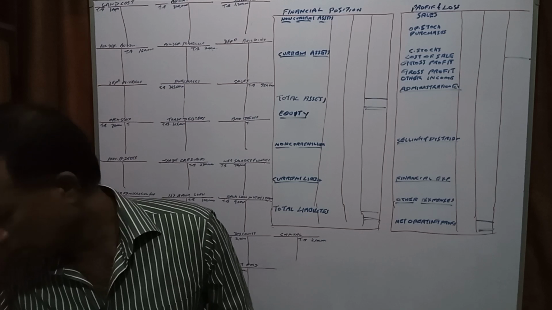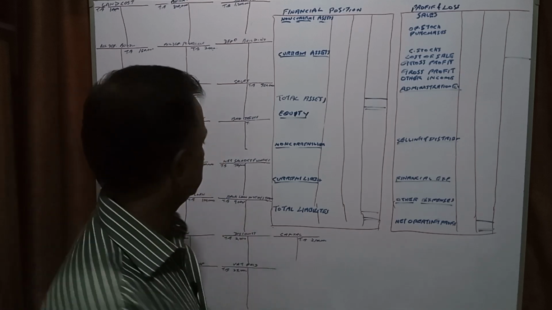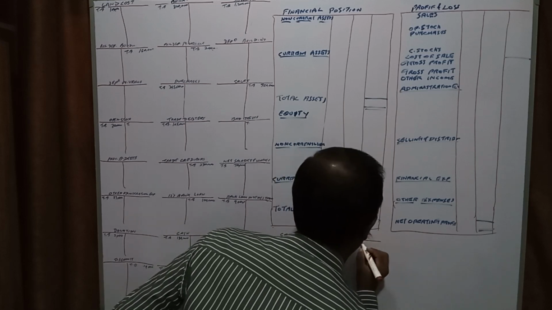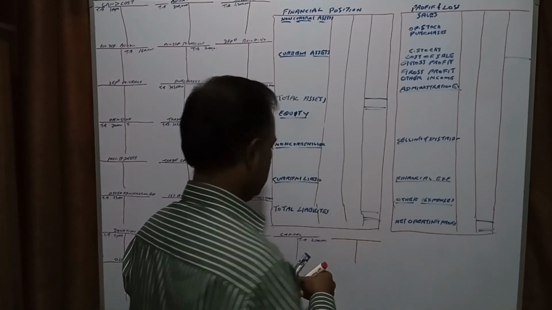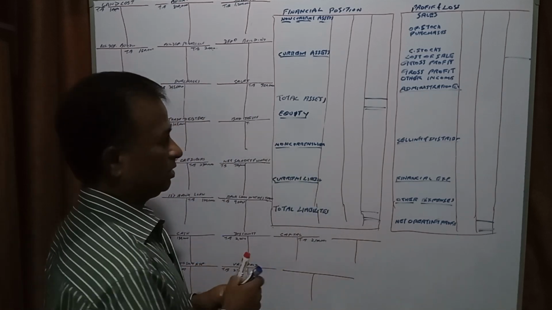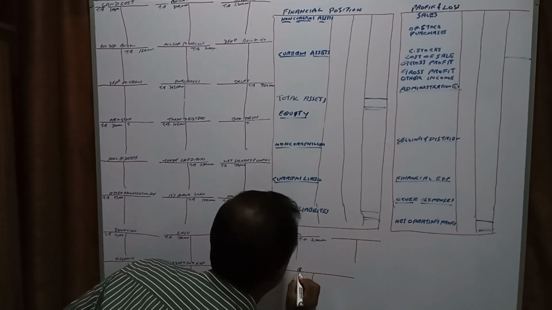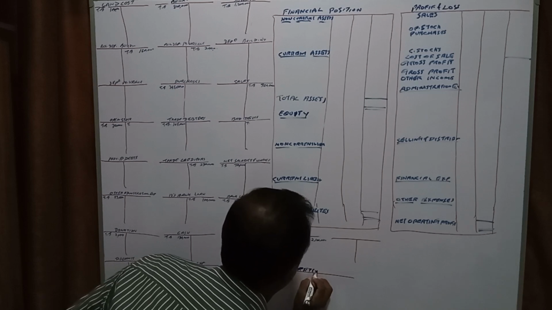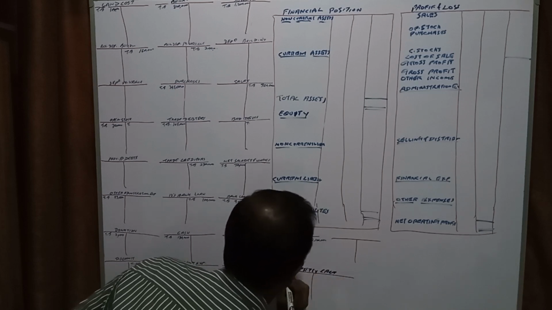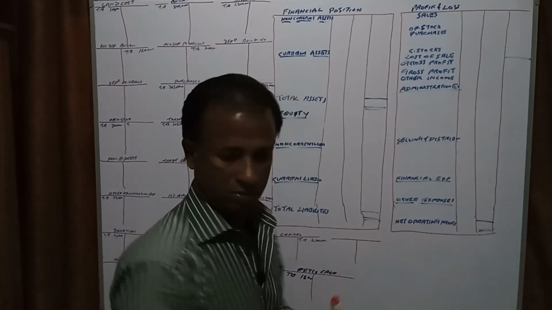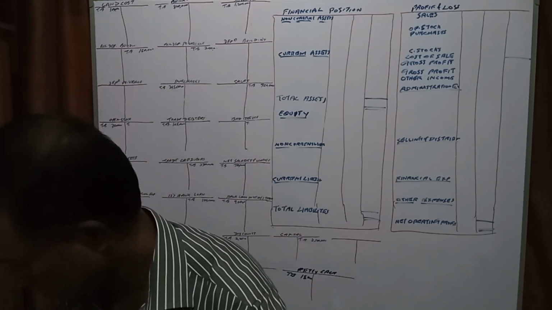They have given a trial balance, and they ask us to prepare a balance sheet and profit and loss account. Petty cash in the trial balance is 15,000.